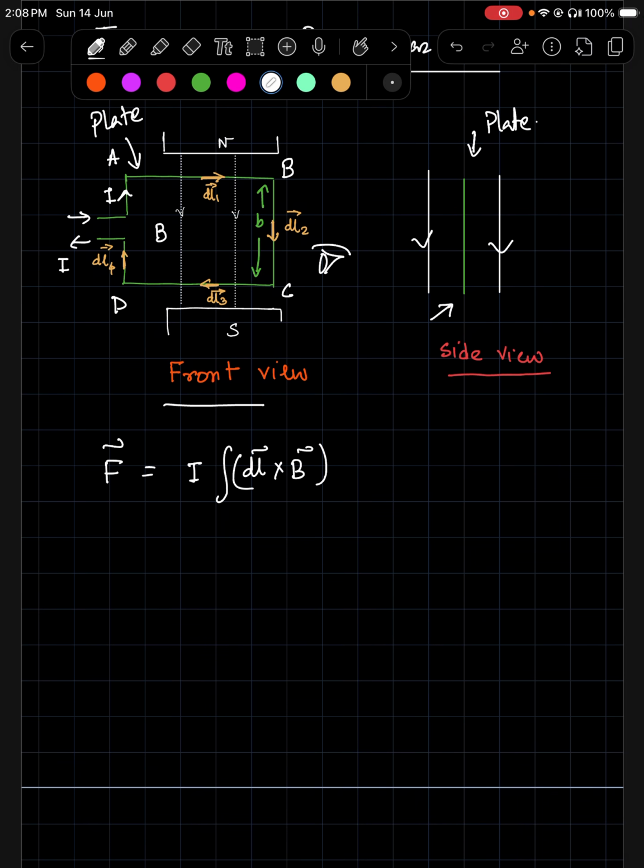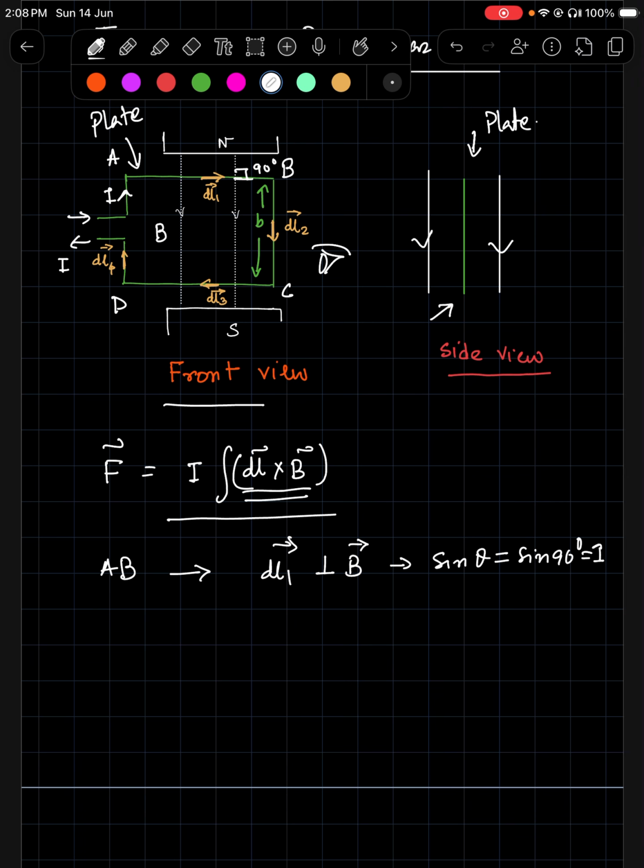If I calculate the force on AB, then we see that the dl1 vector is perpendicular to the magnetic field. From the front view, it is easily visible. The angle between the dl vector and B is 90 degrees. That means this cross product contains a sine theta between dl and B. Hence, this is sine 90 degrees, and sine 90 degrees is 1.